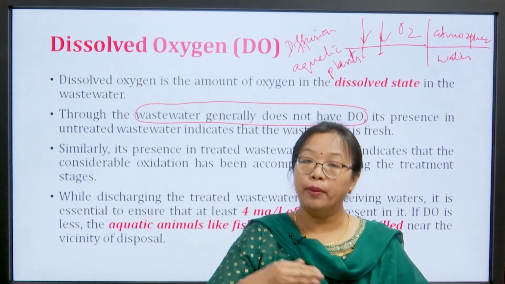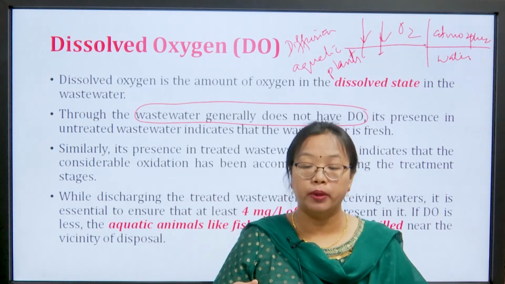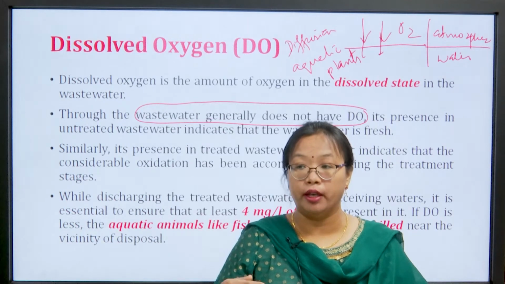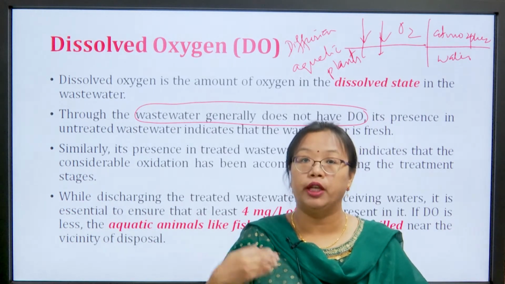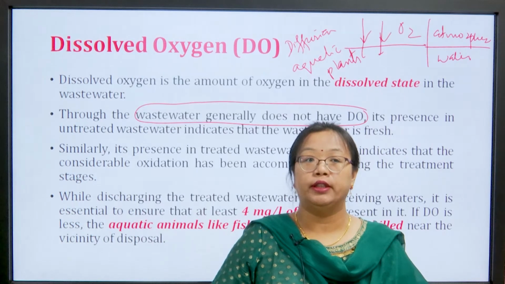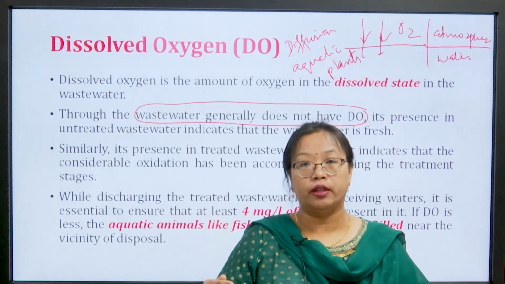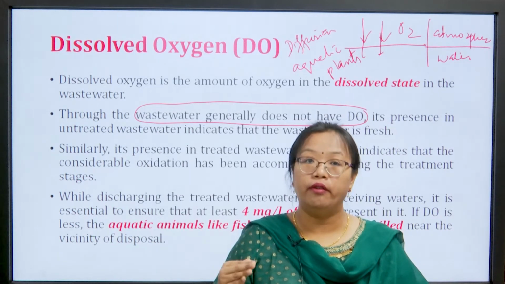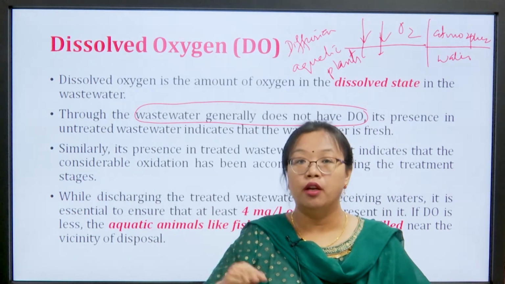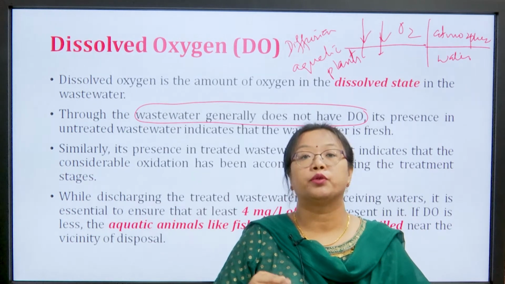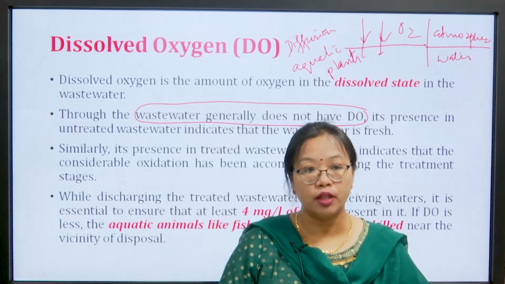But what will be coming out of the wastewater treatment plant, the effluent, before you discharge it into a river or sea, should have a certain level of dissolved oxygen. Okay. If not, then it is going to create lots of problems, right.